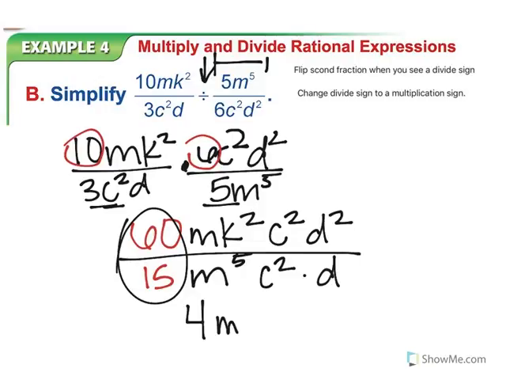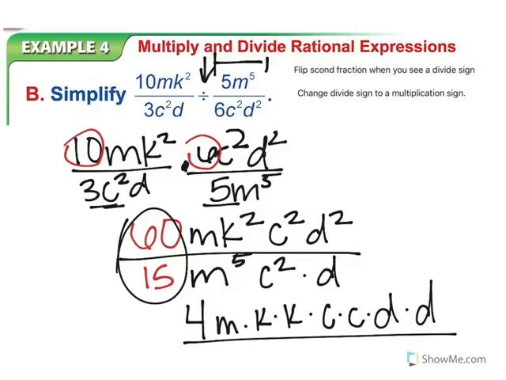Let's see, this is like saying m times k times k times c times d divided by 5 m's, 1, 2, 3, 4, 5, times 2 c's times a d. And let's go ahead and cross out. So we have 1 m to cross out.